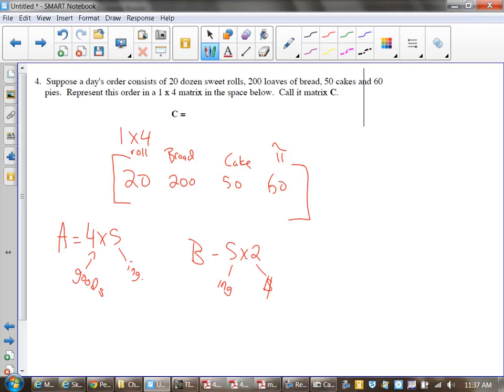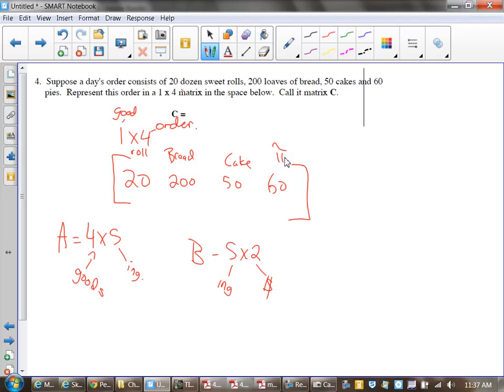Matrix C deals with, well, what's going across the row? The goods, and the 4 is the amount. That's what I was looking for. The order that someone's placing.